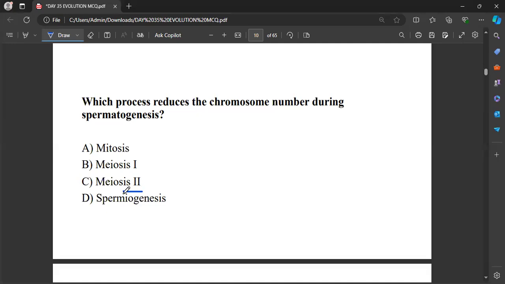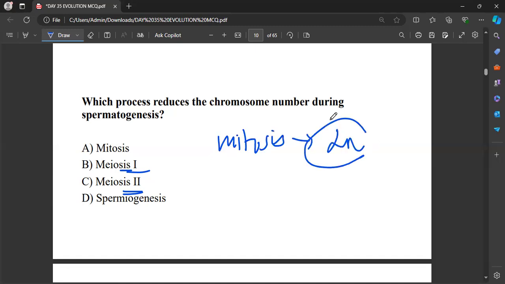See, when it comes to mitosis, it always gives rise to a diploid cell. As a result of the division, each cell gives rise to a diploid cell. But meiotic division is also called the reduction division, because there is a reduction in the number of chromosomes. So obviously in meiosis 1, we have a reduced chromosome number.